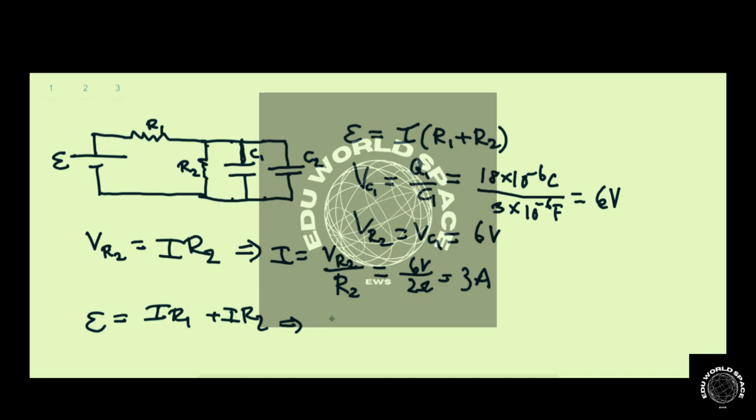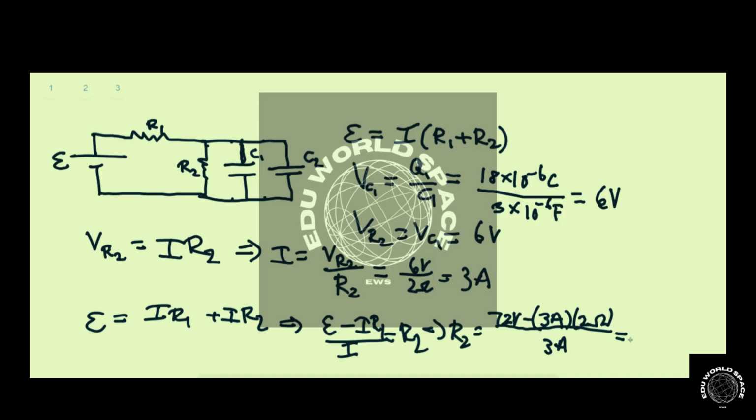So E minus IR2, all over I, is equal to R1, which tells us that R1 is equal to E, which is 72 volts, minus I times R2, which is 3 amperes times 2 ohms, and we divide by 3 amperes. This gives us 22 ohms, and that's the value of R1.